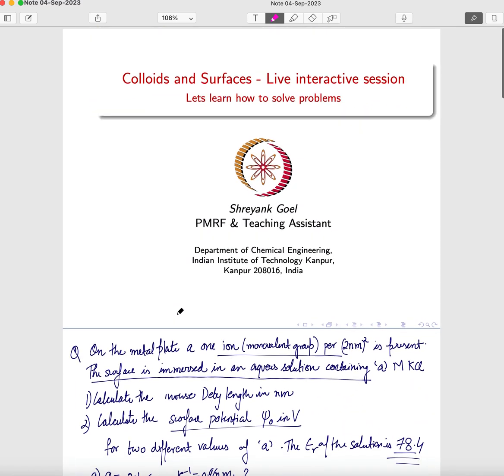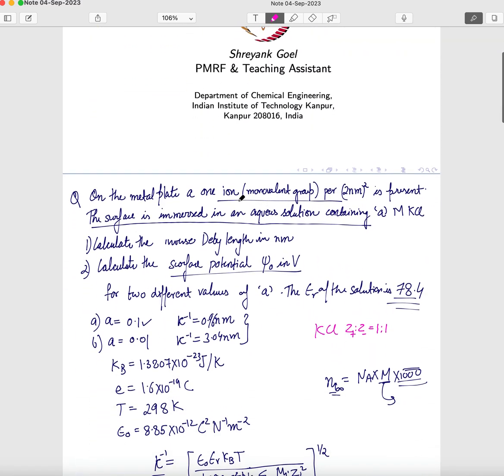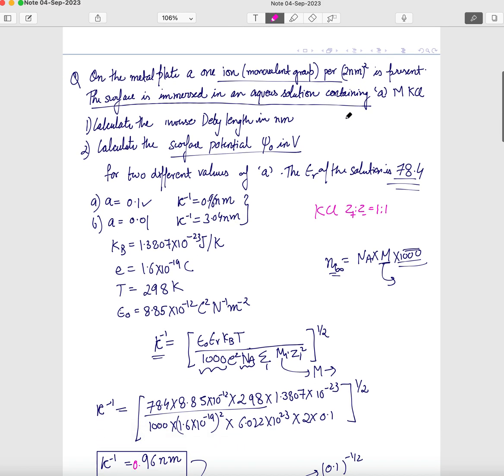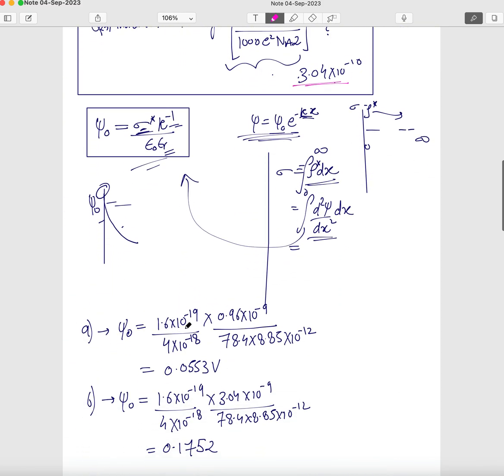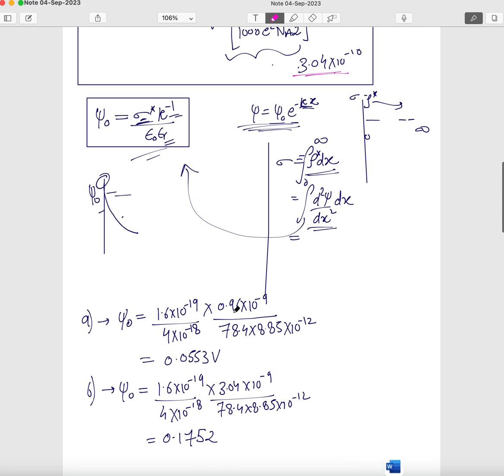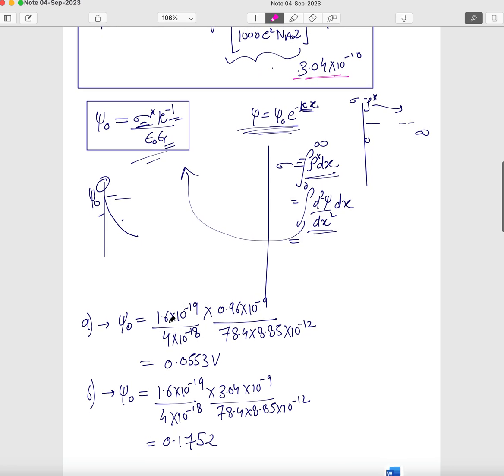It is a monovalent group, so one ion has a charge of 1.6 into 10^-19 coulomb per 2 nanometer square. So it is 1.6 into 10^-19 divided by 2 nanometer square, which becomes 0.96. This whole thing is the surface charge density.